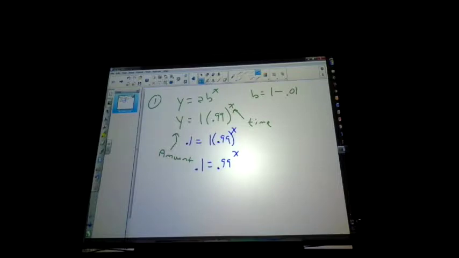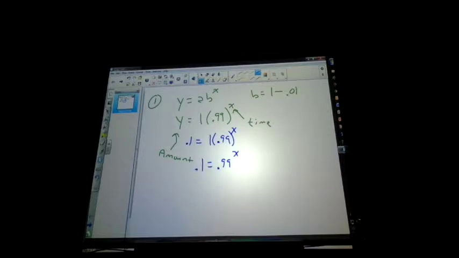Anybody have any idea what mathematical property brings exponents down front? There's actually 2 of them. They both start with an L. Log and natural log will bring the exponent down front. I like to use natural log for the most scientific reason in the world: ln has 2 letters, log has 3.